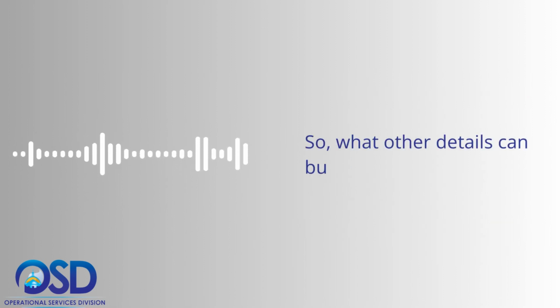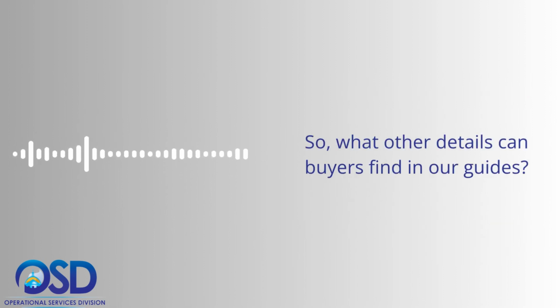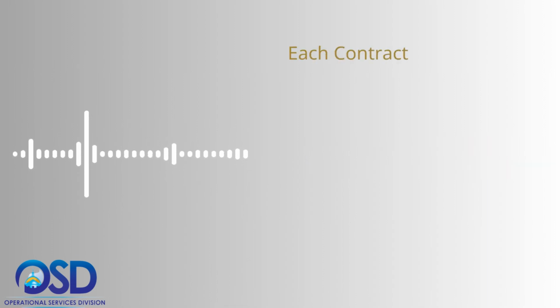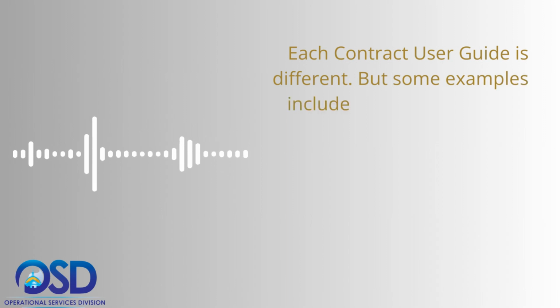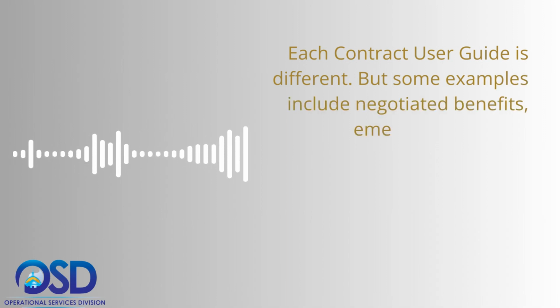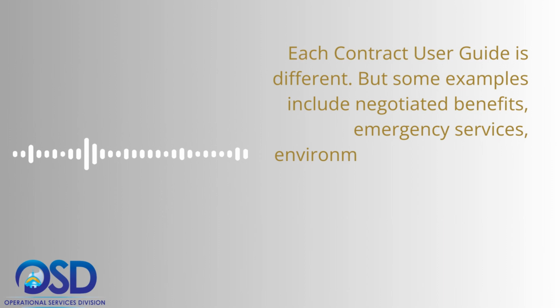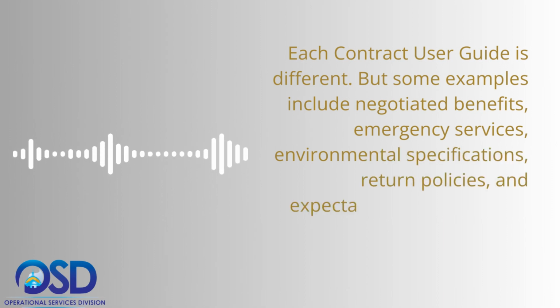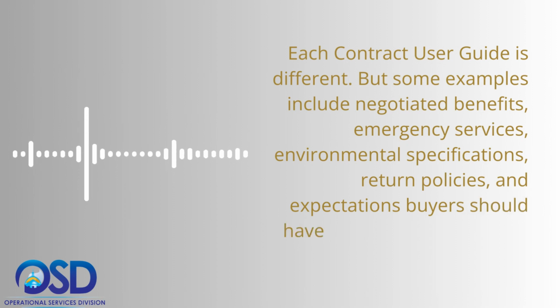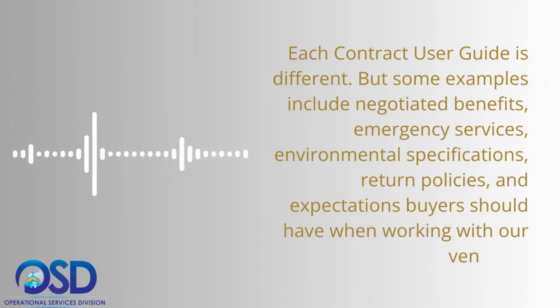So what other details can buyers find in our guides? Each contract user guide is different, but some examples include negotiated benefits, emergency services, environmental specifications, return policies, and expectations buyers should have when working with our vendors.